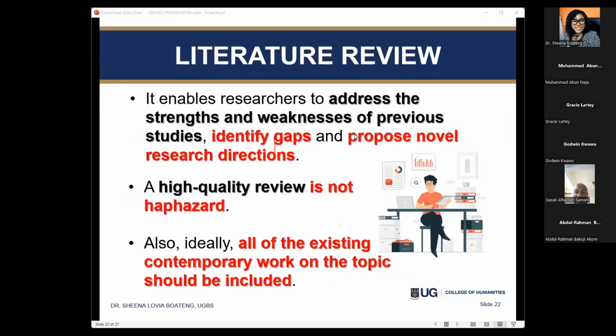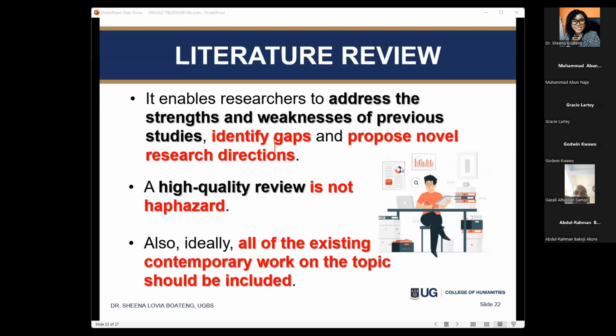So in that case, you cannot treat the literature review process haphazardly, because it becomes the foundation upon which you build the problem statement, which you are going to ultimately expand into your entire literature review chapter and use that to develop your research objectives and questions with which you are going to build your framework, develop your data collection instrument, collect data, and analyze in order to establish findings for your work, right?